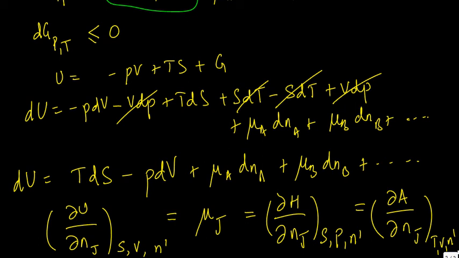I mean, just like we did for dU, you can do the derivation and get these results. You see, the change in any of these energies with respect to the number of moles at the appropriate conditions is equal to the chemical potential. And that's why chemical potential is so important in all of these chemical reactions. So whatever conditions you use, you do come across chemical potential in each and every case.